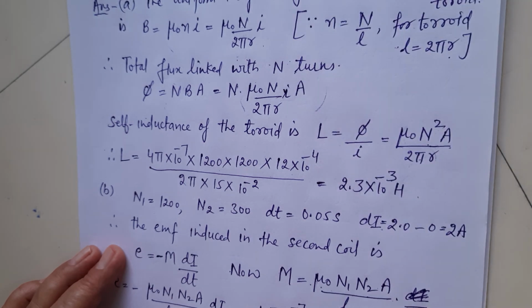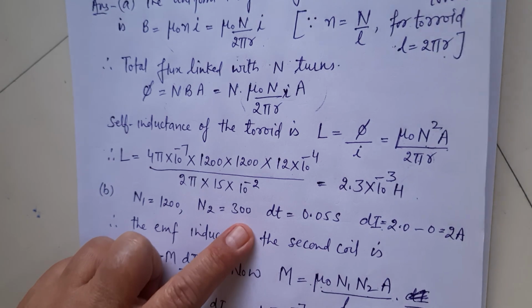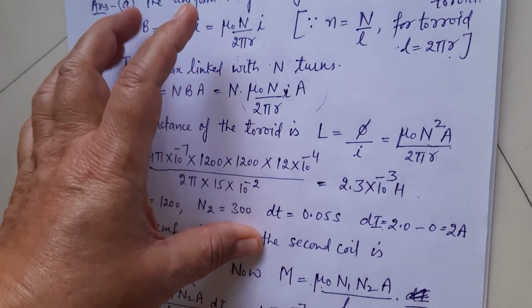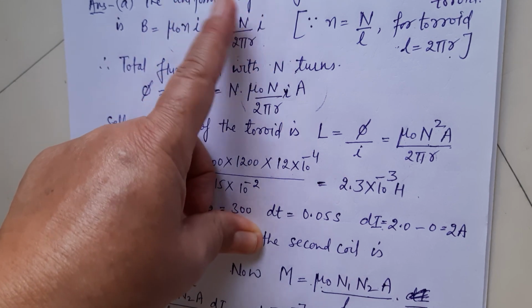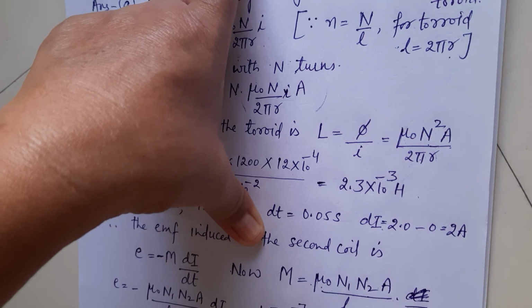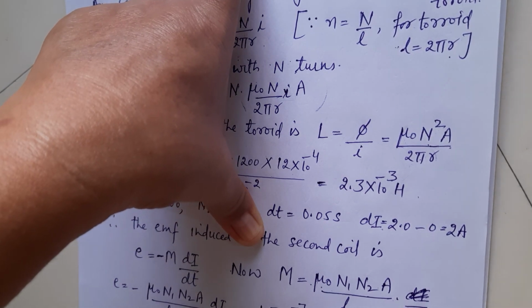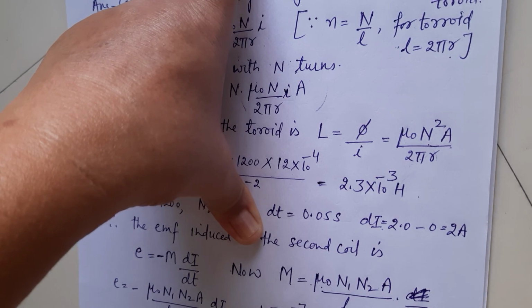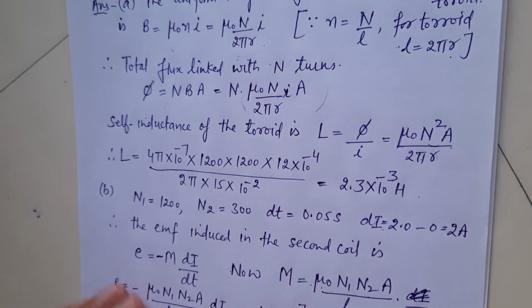So mu naught into 1200 into 300 into area. The area is 12 centimeter square.